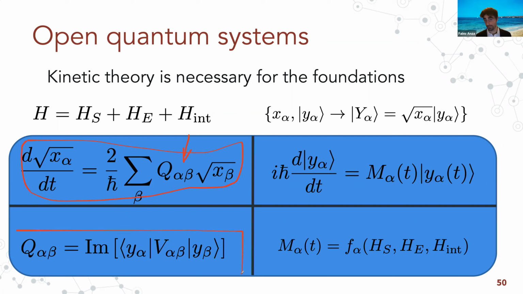And you can prove that each of the vectors y_alpha evolves with a time-dependent Hamiltonian that is peculiar to that value of alpha. The actual form of M_alpha here is not relevant, so I just omitted it. It's a function mostly of the interacting part.